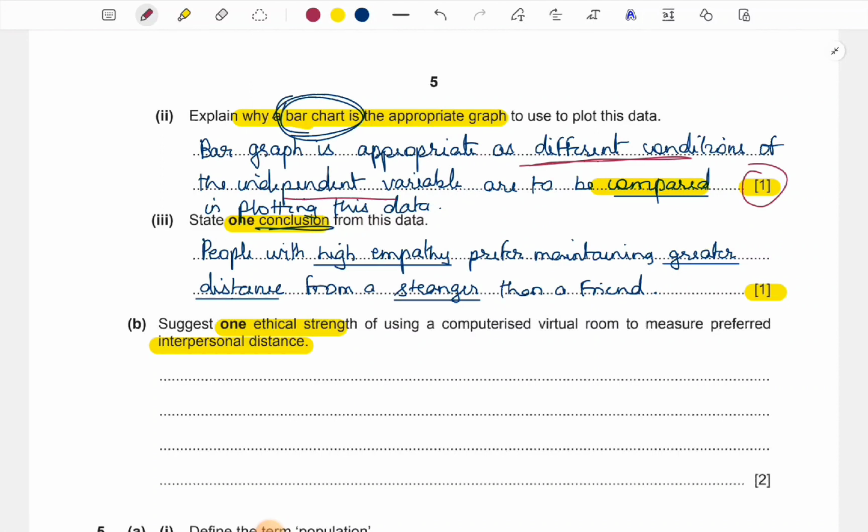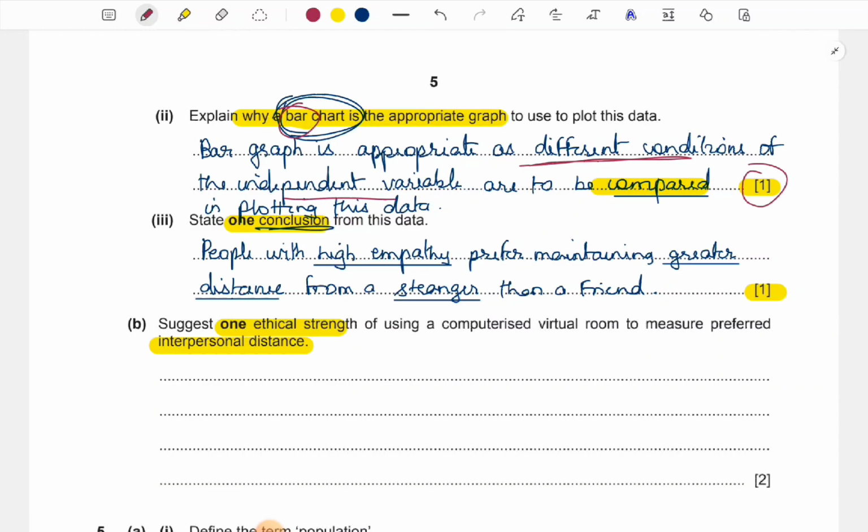Any graph, be it scattergram, bar graph or a histogram, all are representing data visually. So when they've mentioned the word bar, obviously they're looking for specifically why is a bar graph drawn, what is unique or distinctive about it compared to other graphs which are there. So you have to write something about bar graph, not graphs in general.